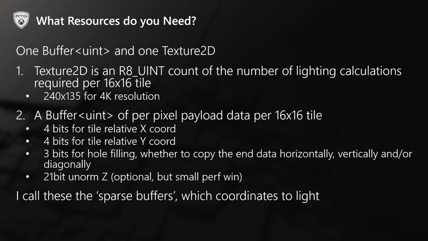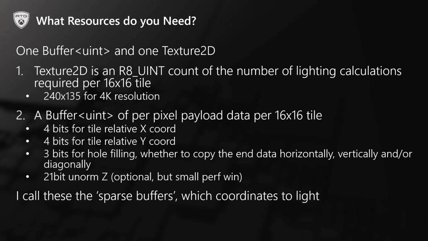And in fact that left me with 21 bits spare, because per 16x16 screen tile I only needed 4 bits for X, 4 bits for Y and 3 bits for hole filling. So I have 21 bits spare, which is perfectly sufficient for a UNorm Z value, which was in fact a performance win, because this allows me to skip reading the depth separately in the deferred lighting shader.